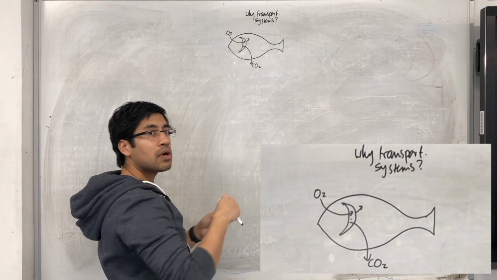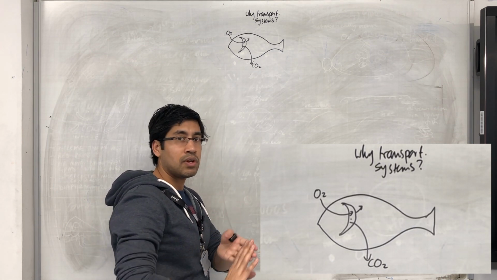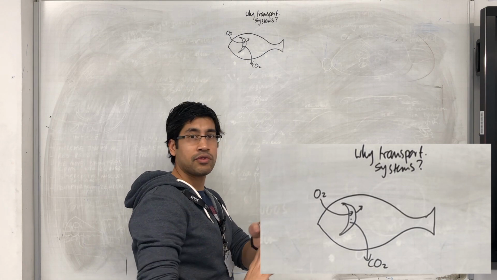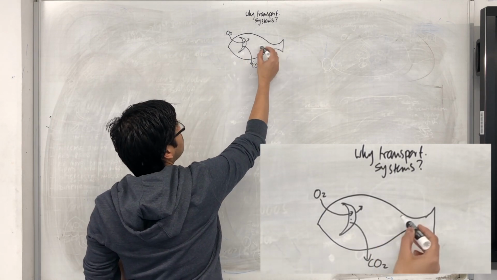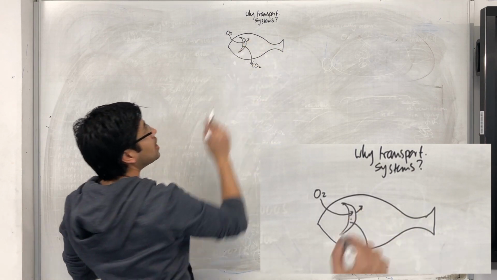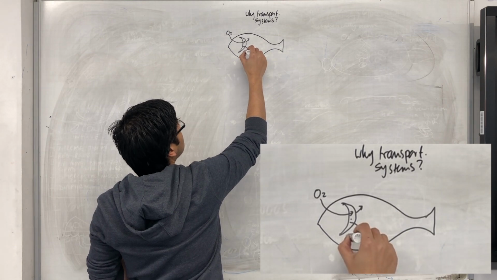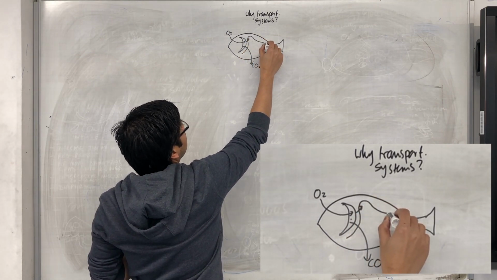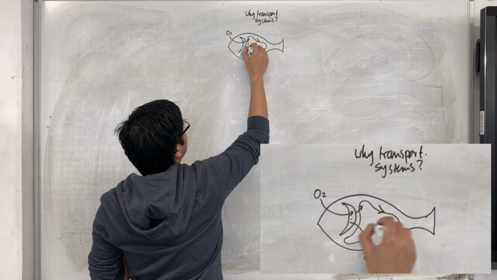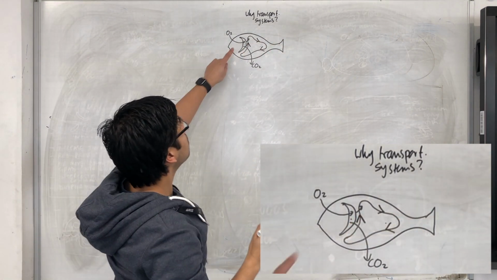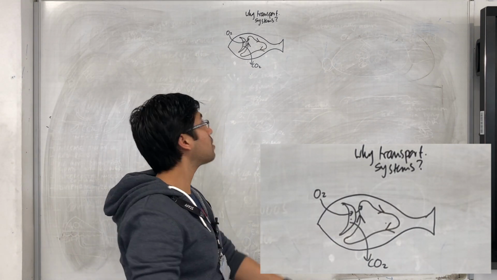Because of the concerns over surface area to volume, diffusion distances, and concentration gradients. They're all insufficient. So you need a transport system. And so what we'd have is an exchange organ, and it would be the transport system that would allow the oxygen that's come in from the exchange organ to get to the rest of the body and to the other cells.